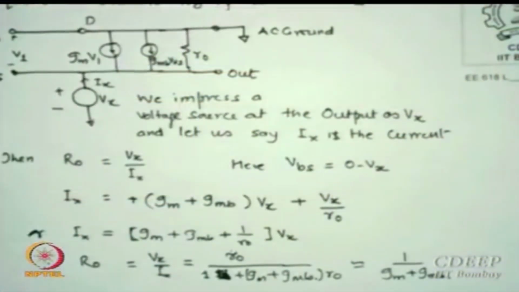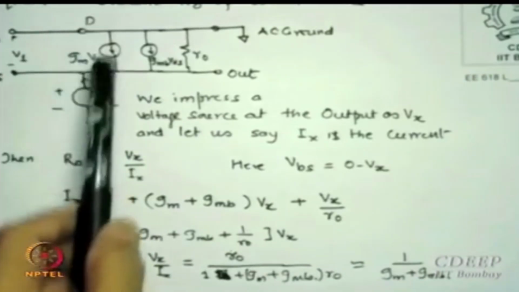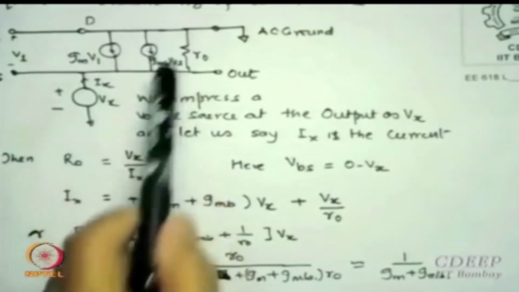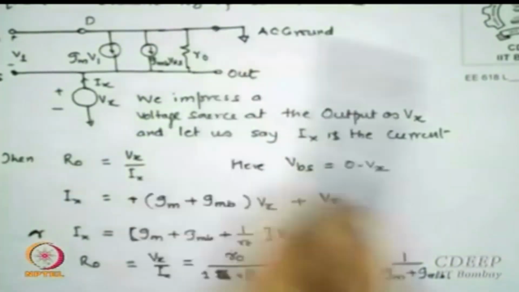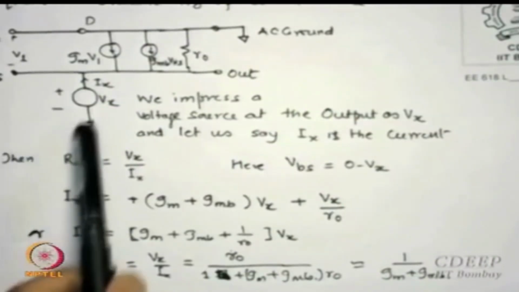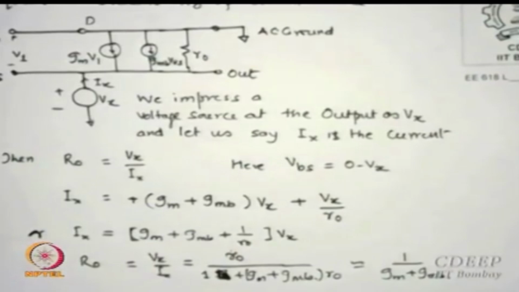Please remember we say VG and VD are connected, gate to drain. You have V1 across gate to source, gm V1 is the current source, gmb VBS is the current source due to the body back bias, R0 is the resistance, and this drain is also grounded now for AC, for the VDD side. Now if you see, I apply a source Vx and find the current there, and Vx by Ix will be R0.